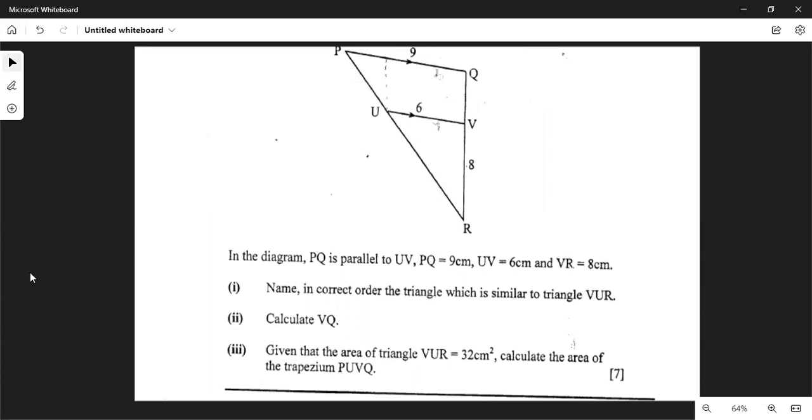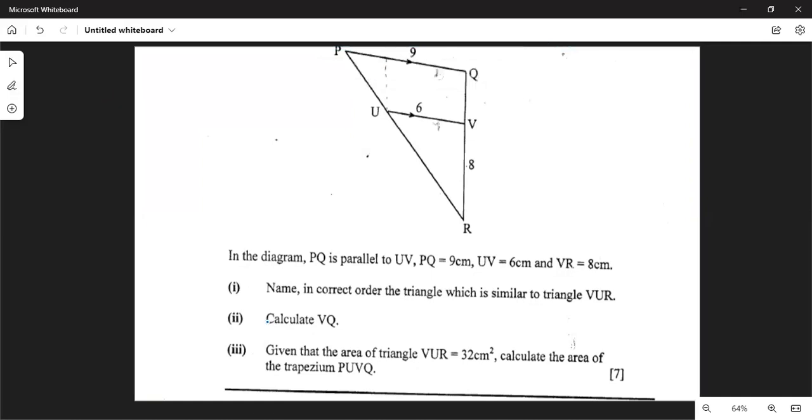In this case, we are given that in the diagram, PQ is parallel to UV, PQ is 9 centimeters, UV 6 centimeters, VR 8 centimeters, and so forth. Then you're asked to name in correct order the triangle which is similar to triangle VUR. So you have to follow the order that you are given.